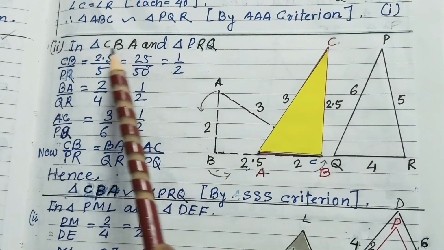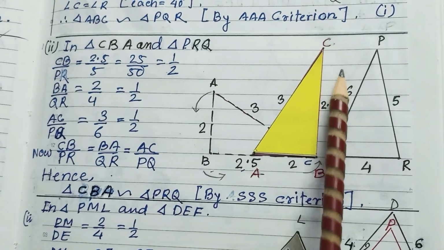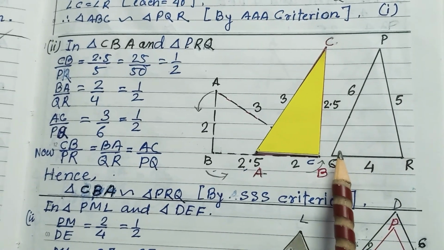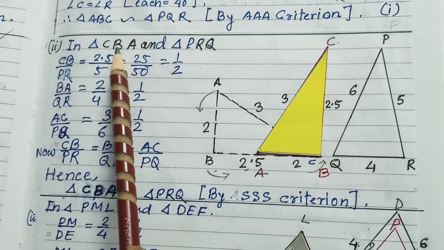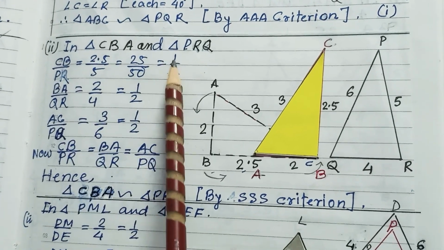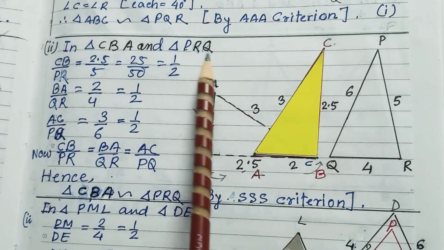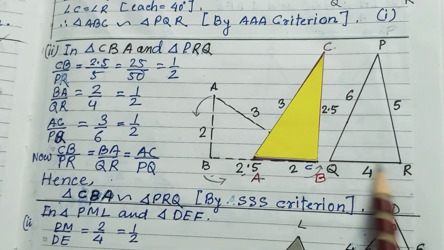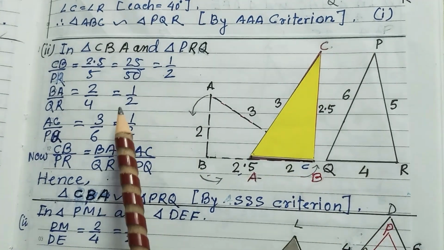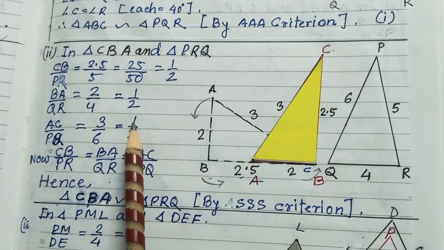From this triangle I have taken CBA and PRQ. Same order you have to take. Now CB upon PR is 1 upon 2. Next, BA upon RQ, this is 2, 2 upon 4, it is 1 upon 2. Next AC upon PQ, it is 1 upon 2.